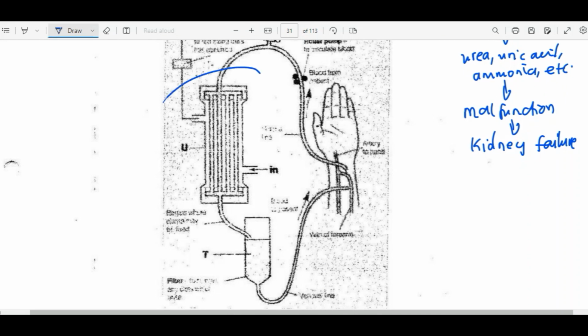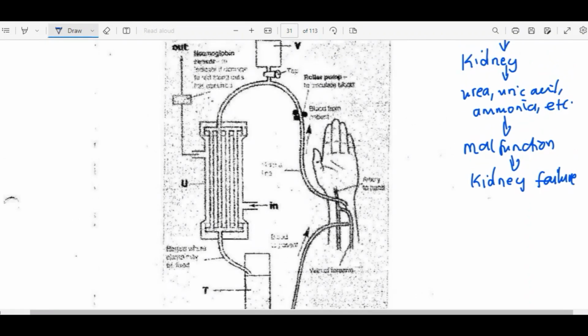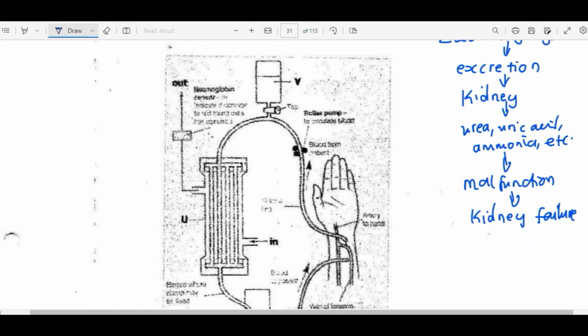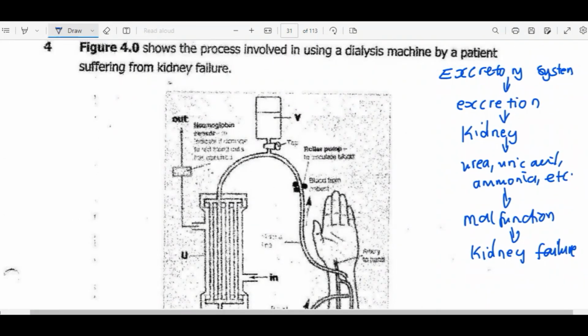Then the cleaning of that blood happens in this structure. After the blood is cleaned, it has to be returned to the patient. The process by which the blood is taken, cleaned and returned to the patient is what we call dialysis.